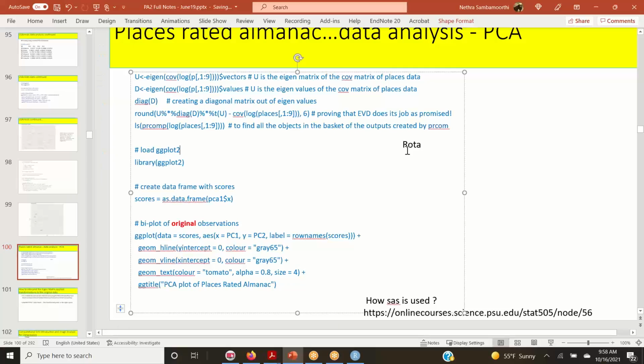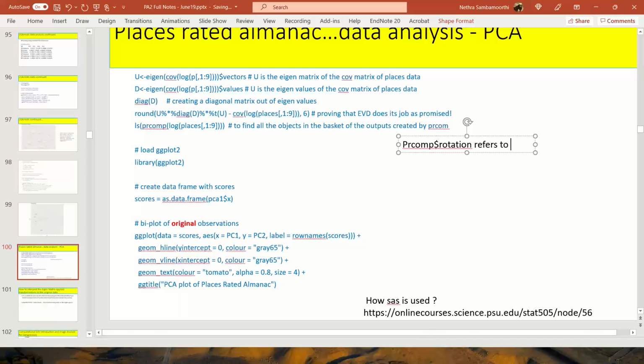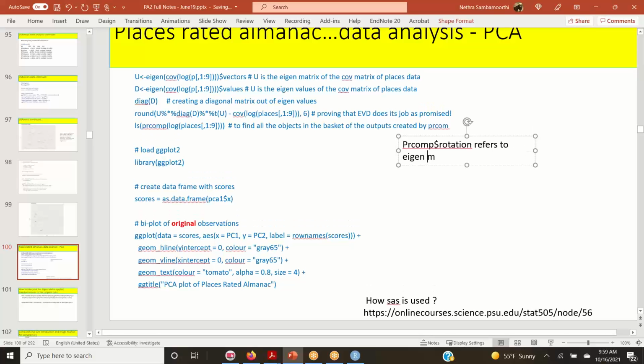So I hope you will be able to understand this: prcomp dollar rotation. What does that mean? That object rotation refers to the eigen matrix. These are all terminologies.